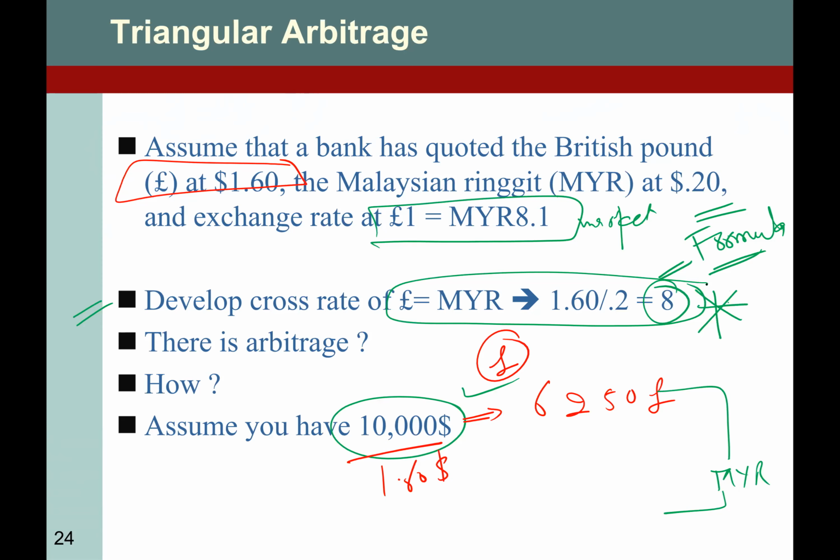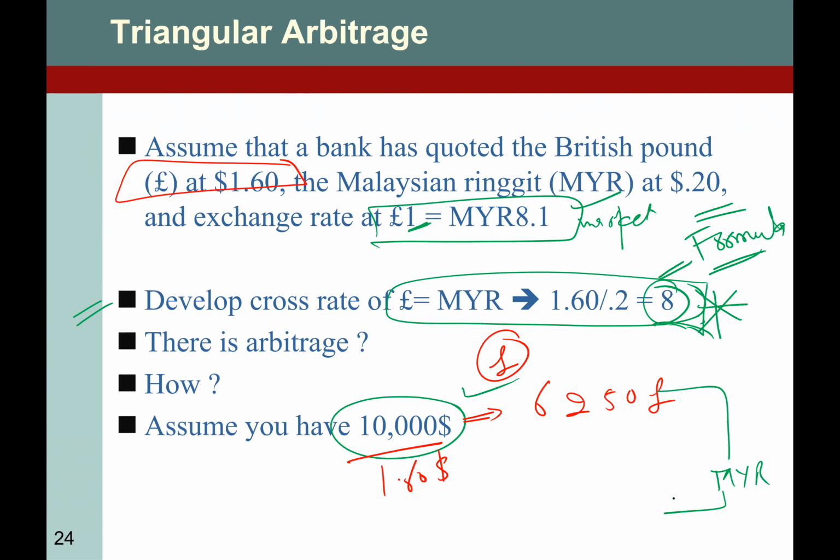This is just the fundamental value, or value according to theory and logic. And this is the market value. So if you have the pounds, can you convert at 8? The answer is no. You have this opportunity window here. So you sell your pounds at 8.1 and you get Malaysian ringgit.